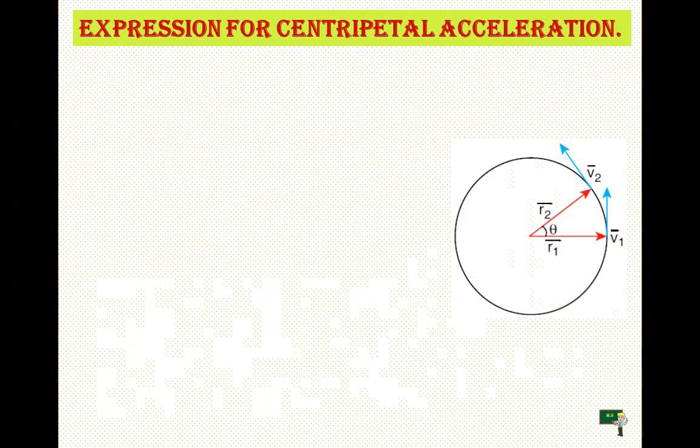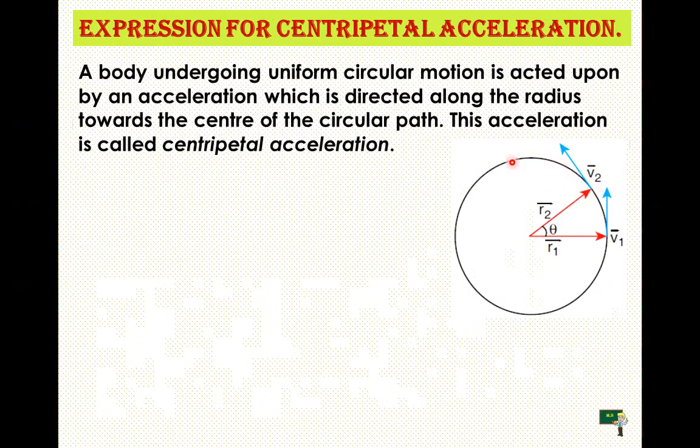If you see this, it revolves around the circle, the radius changes from r1 to r2, and the velocity also changes. The body undergoing uniform circular motion is acted upon by an acceleration directed along the radius towards the center of the circular path. This acceleration is called centripetal acceleration.